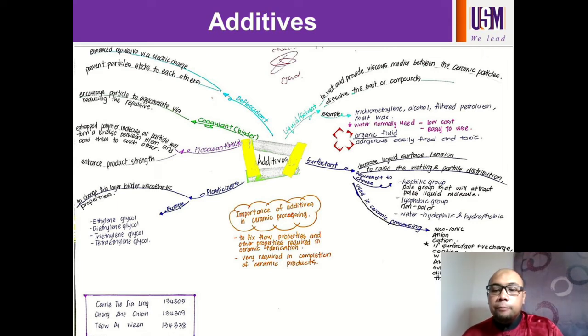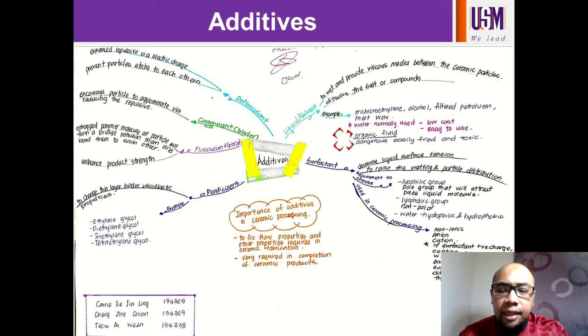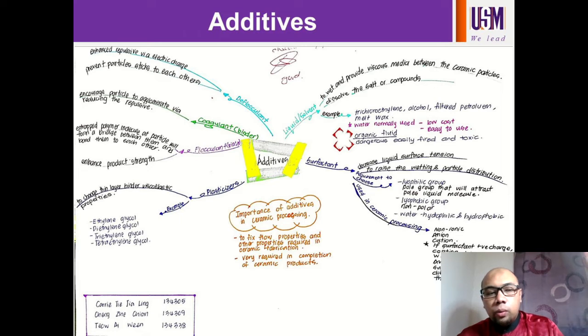Number two is that additive is needed in order to complete the ceramics processing for producing ceramic products. Based on my industrial experience, normally when you are making ceramic products, the additive is a must. Why do I say must?